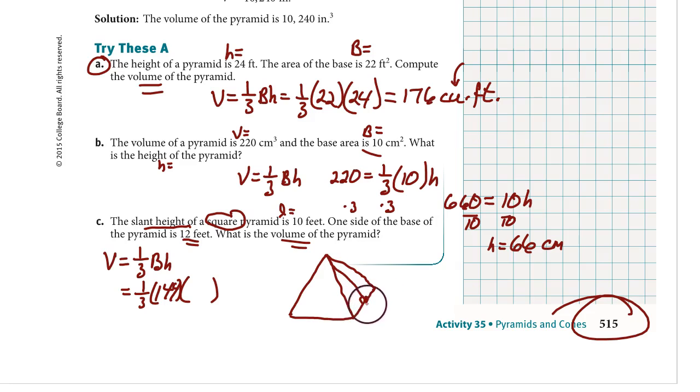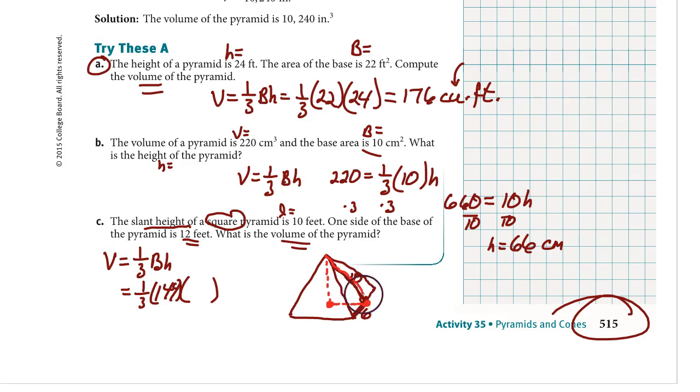If the entire length of that bottom edge is 12, then just this distance is 6. The slant length running down here, we're told, is 10. The height of the pyramid goes from the top straight downwards to the midpoint of the bottom. Then I'm going to connect from the midpoint of the bottom out to the edge where the slant height touched.